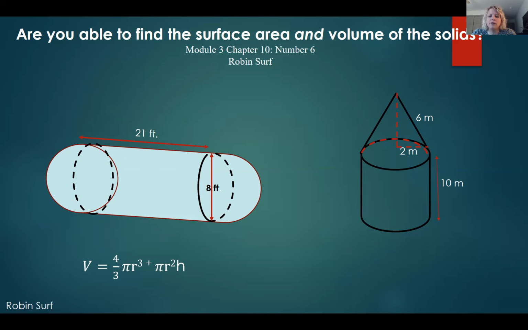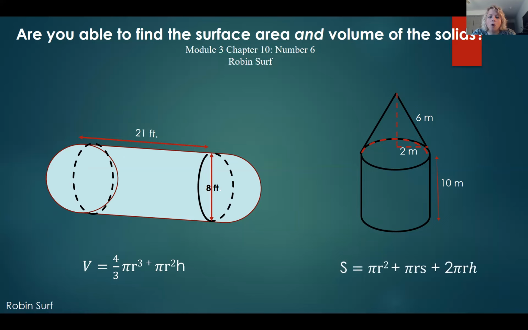Now let's take a look at the second picture. The surface area is the sum of the exterior of the cone, the cylinder, and one of the circles on the end. The equation will look like this.